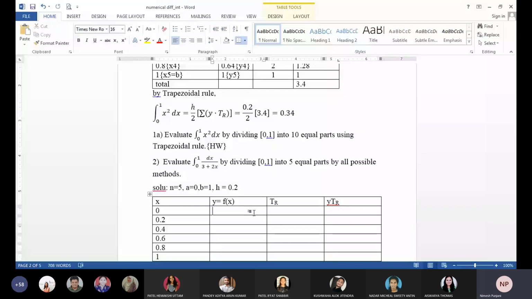So I will get 1 upon 3. If you want, you can write it in terms of decimals, not a problem. 1 upon 3 means 0.333. Then you put x as 0.2. How much will I get for y?